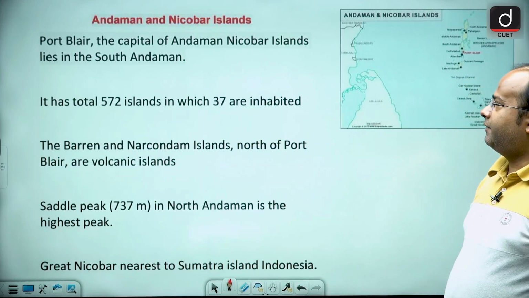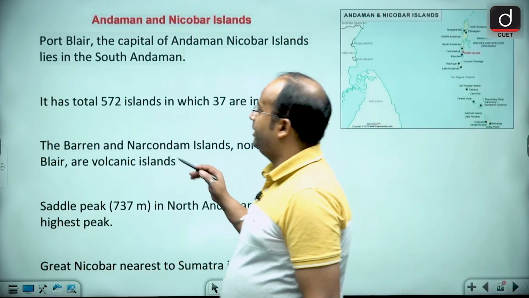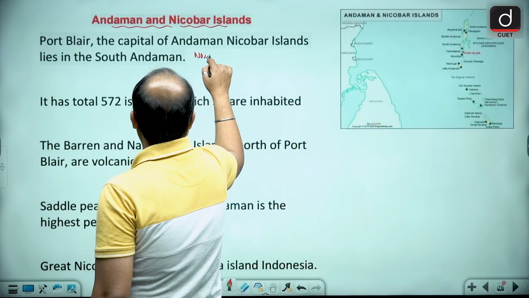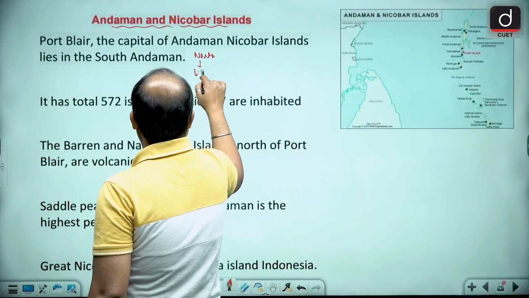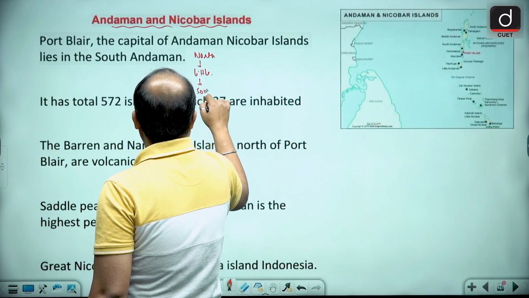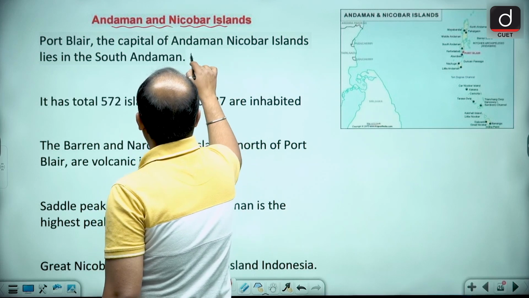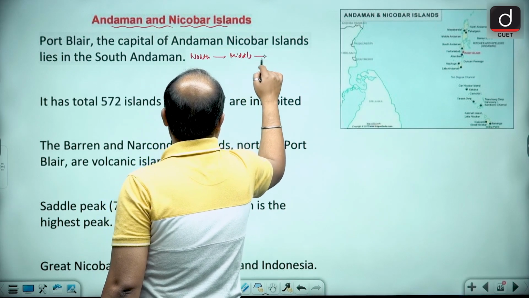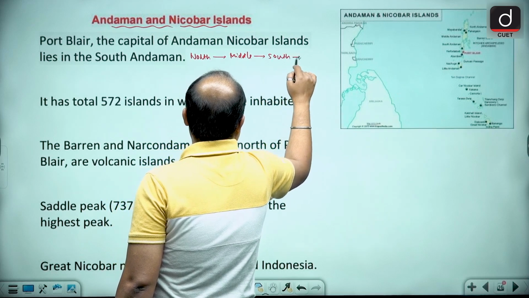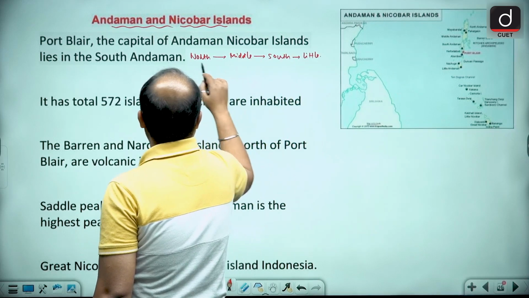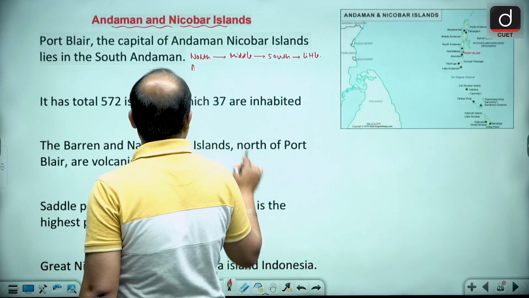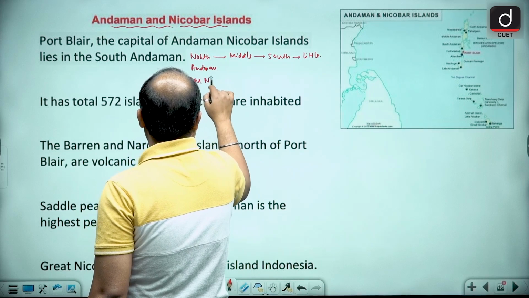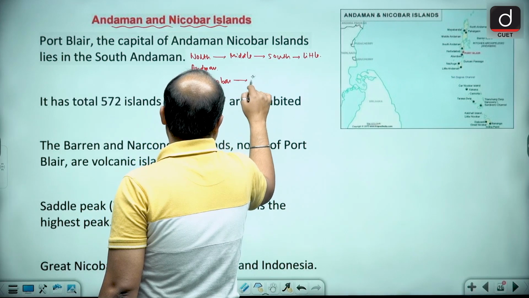Now guys, next we have Andaman and Nicobar. There are major island groups: North Andaman, Middle Andaman, South Andaman and Little Andaman, and we have Car Nicobar and Great Nicobar.